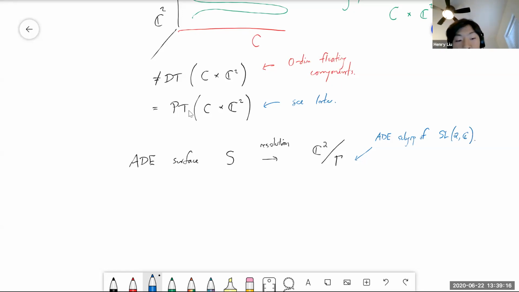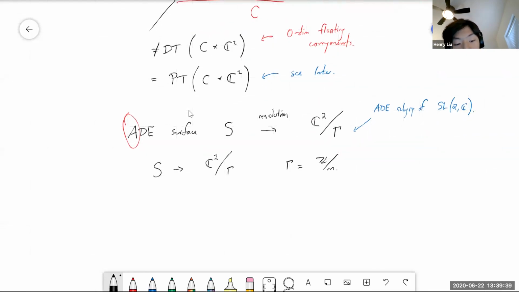These are finite subgroups. For the sake of exposition, we'll think only of type A. So for type A, S is a resolution of C2 mod gamma, where gamma is equal to Z mod n, and we'll call this curly A sub n minus 1.